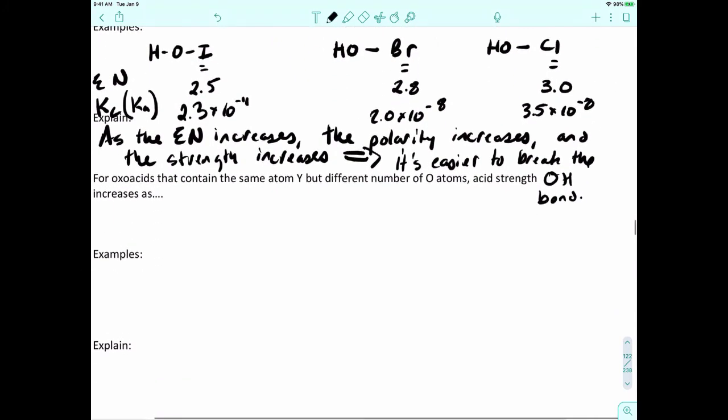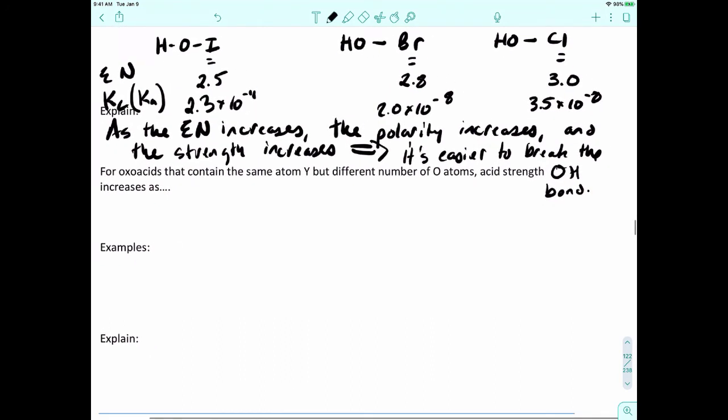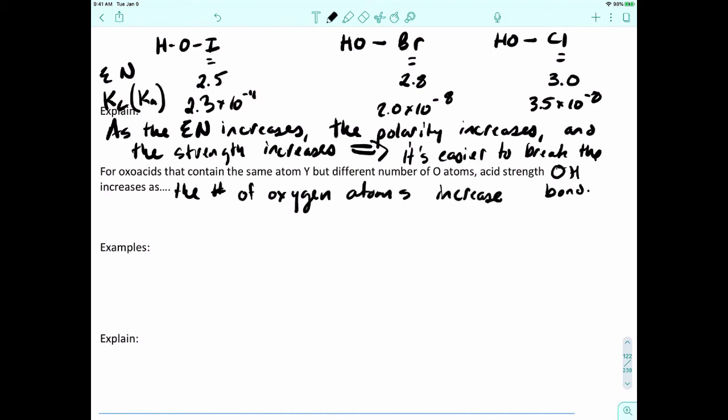Okay, now for oxoacids that contain the same atom Y, but different number of oxygen atoms, acid strength increases as the number of oxygen atoms increase. Okay, so let's look at one group.